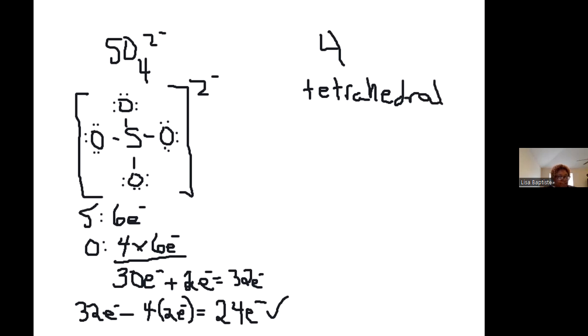Okay. If we look at the bonded groups for the molecular shape, the only way the molecular shape changes is if we have a lone pair of electrons on the central element, but we don't. So in this case, all of our groups are bonded, and so that would also be tetrahedral.